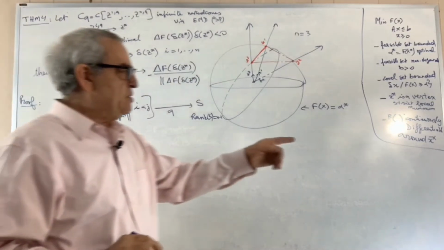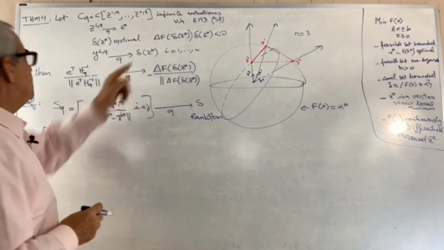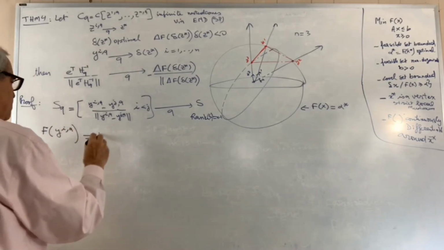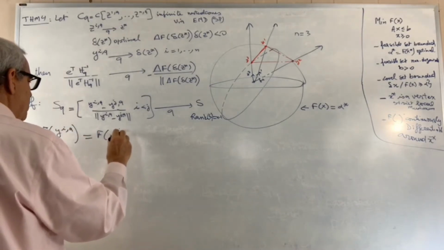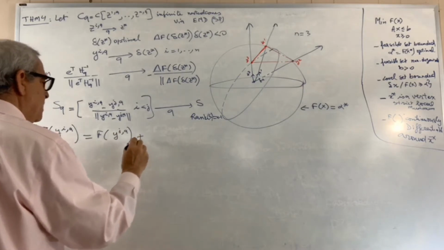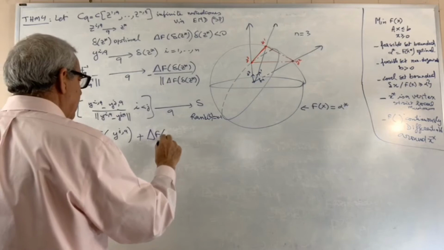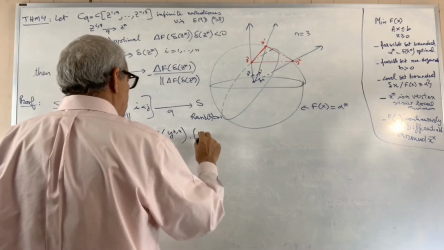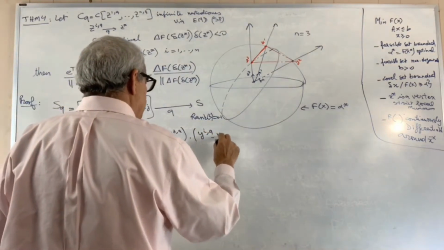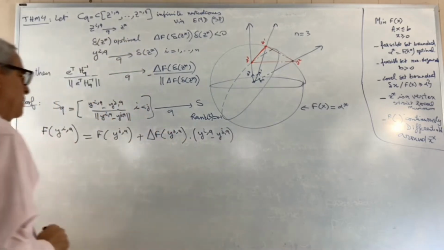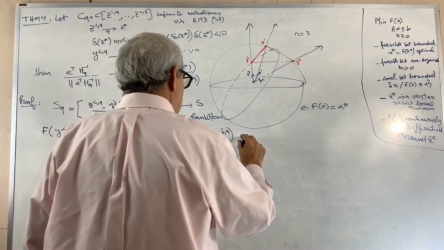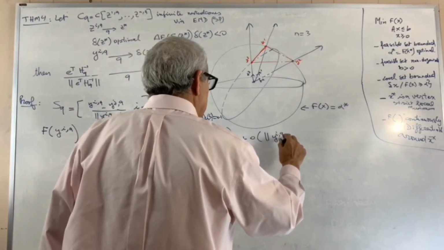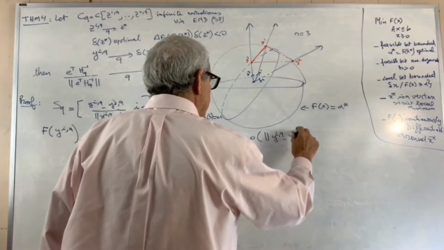Since f is continuously differentiable around z star, then we could write f of y_iq is equal to f of y_jq plus the gradient of f at y_jq times y_iq minus y_jq, plus something insignificant compared to the norm of y_iq minus y_jq.